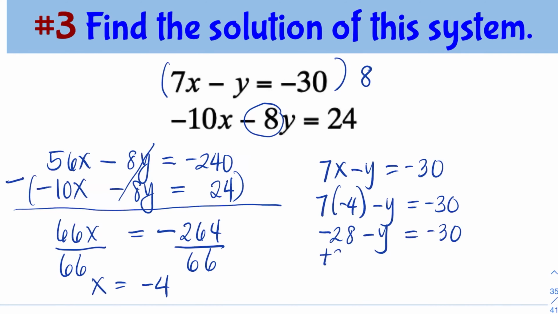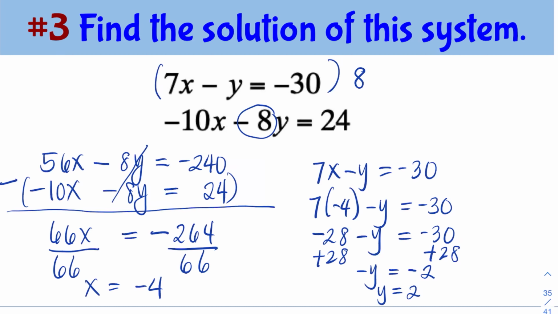Adding 28 to both sides, we have negative y is equal to negative 2. Now dividing both sides by negative 1, or multiplying both sides by negative 1, your y value here is positive 2. So the answer for this system is negative 4, positive 2.